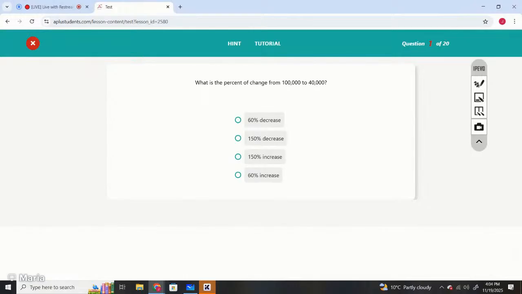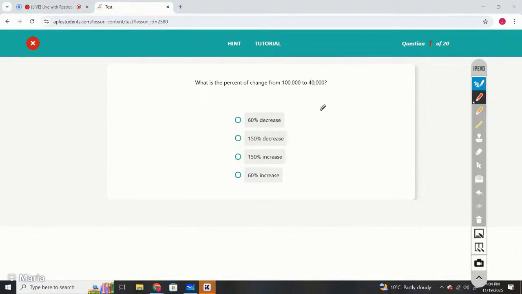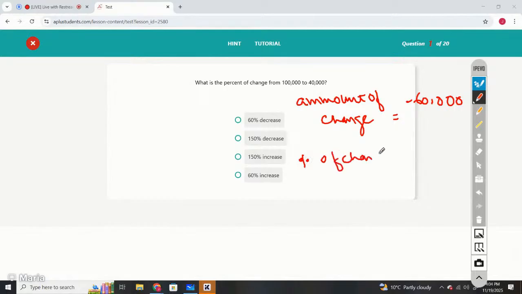What is the percent of change from 100,000 to 40,000? That is a decrease, right? So 100,000 to 40,000, we need to calculate the change, right? The amount of change, that is 40,000 minus 100,000, that is negative 60,000, right? Now we need to calculate the percent of change.